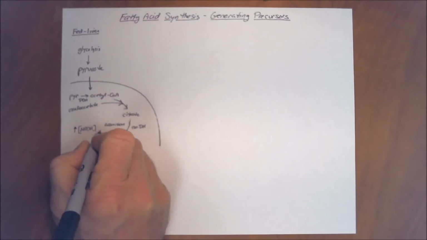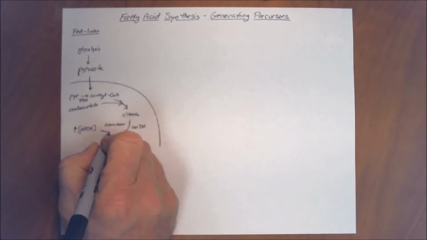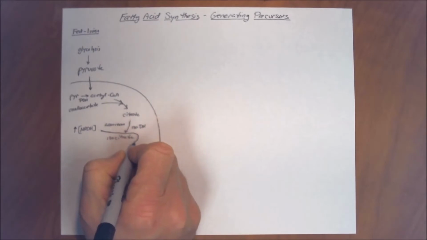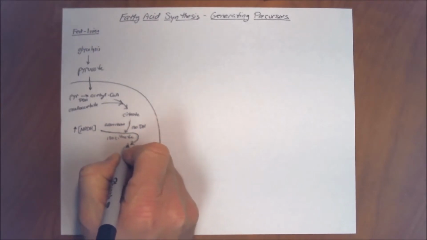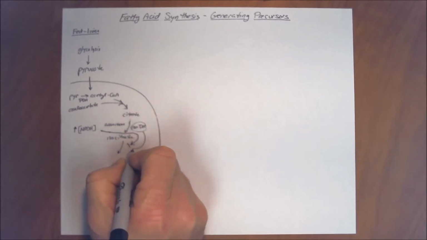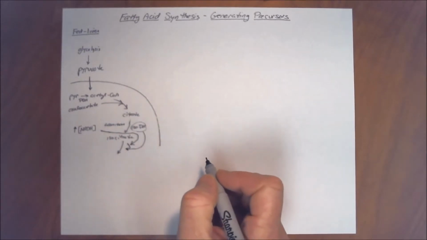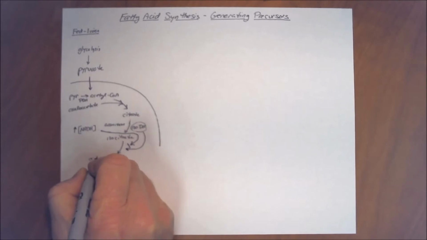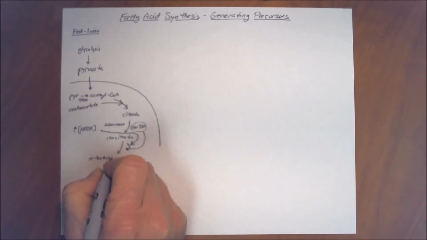This will essentially inhibit the next step of this reaction, which is the isocitrate dehydrogenase enzyme, to form alpha-ketoglutarate.